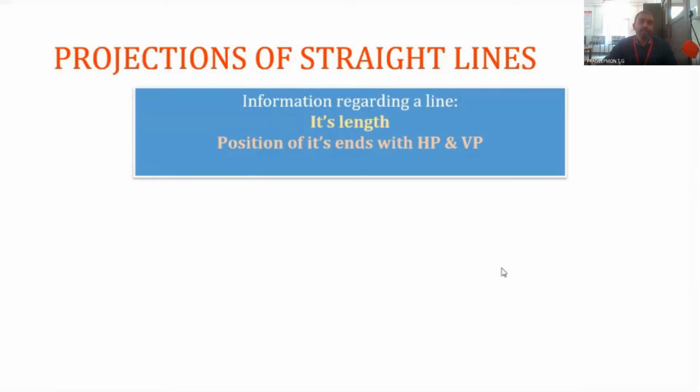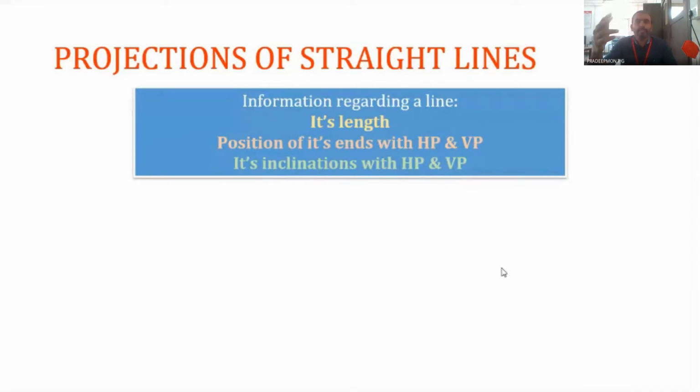So right now what we consider is that we know the length as well as the position of both the ends of the line with respect to HP as well as VP. And then the other 2 important dimensions are the inclination of that particular line with HP and VP.